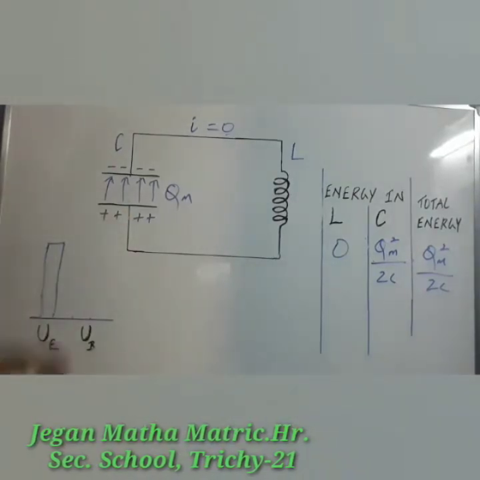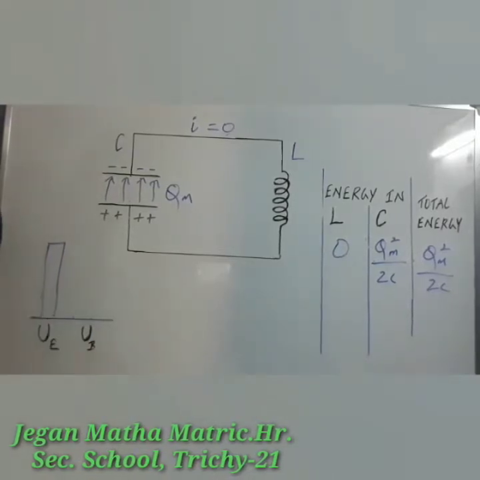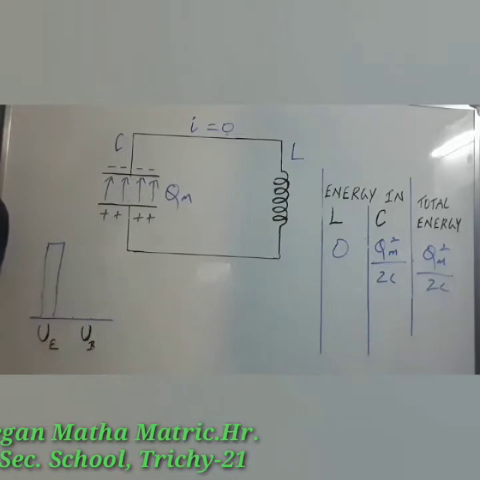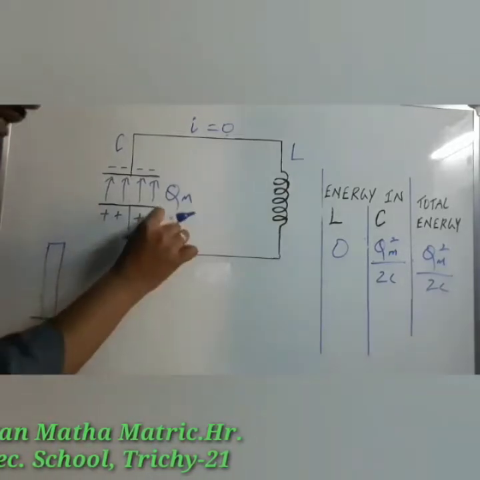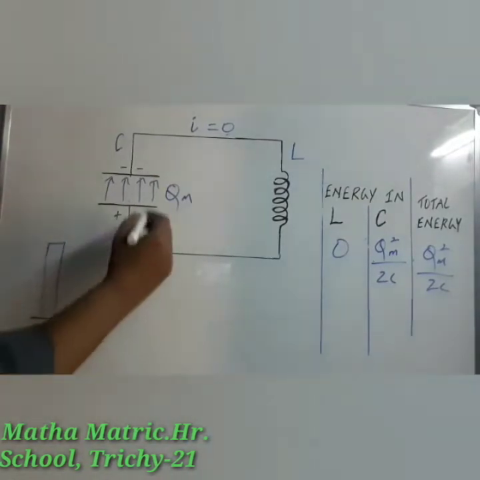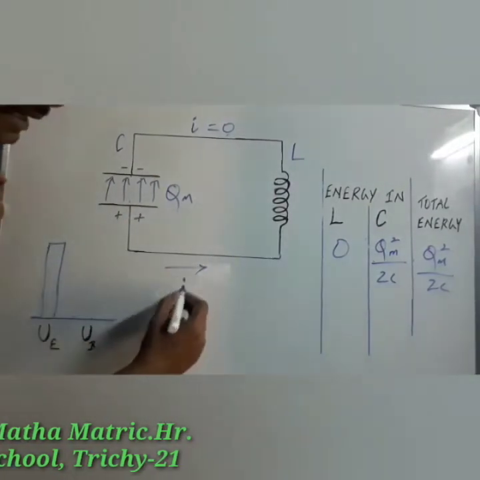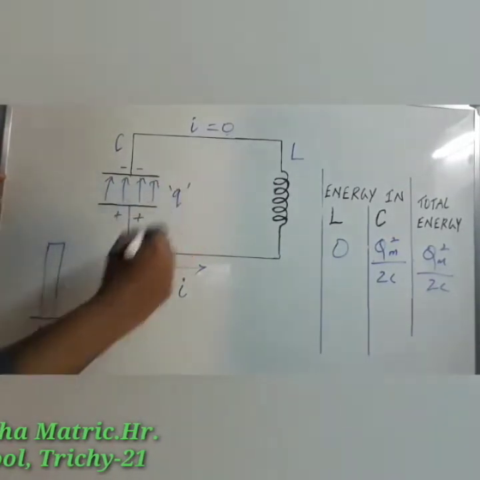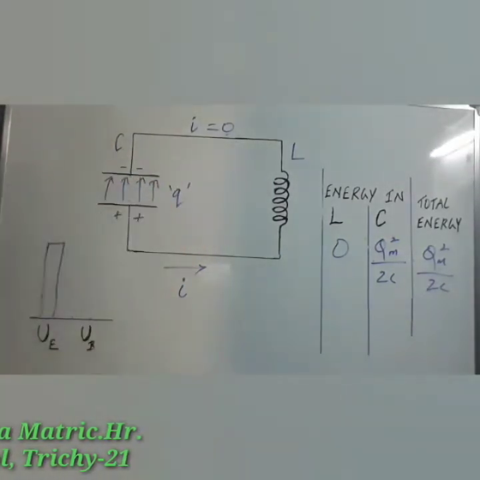It is the sixth stage. The capacitor starts to discharge through the inductor with the anti-clockwise current. So it starts to discharge, that will produce the current in this direction. Current I is produced. The charge is reduced, so it can be given by the letter small q.